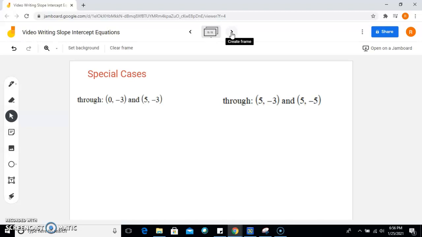And for the last two, we're just going to look at two special cases, but it's still the same thing that we were doing because we have 2 points that we're writing the equation for. I have my x1 and I have my y1. I have my x2 and I have my y2.